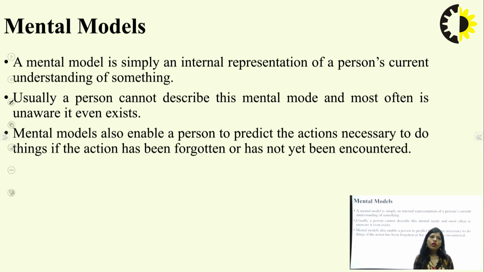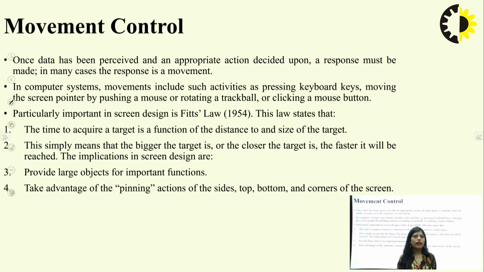Mental models also enable a person to predict the actions necessary to do things if the action has been forgotten or has not yet been encountered. So in a mental model, we basically work on the internal representation of the person's current understanding.